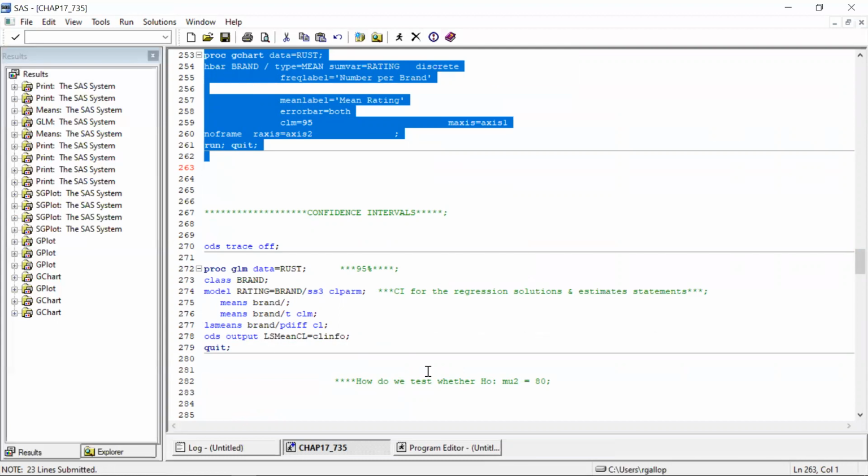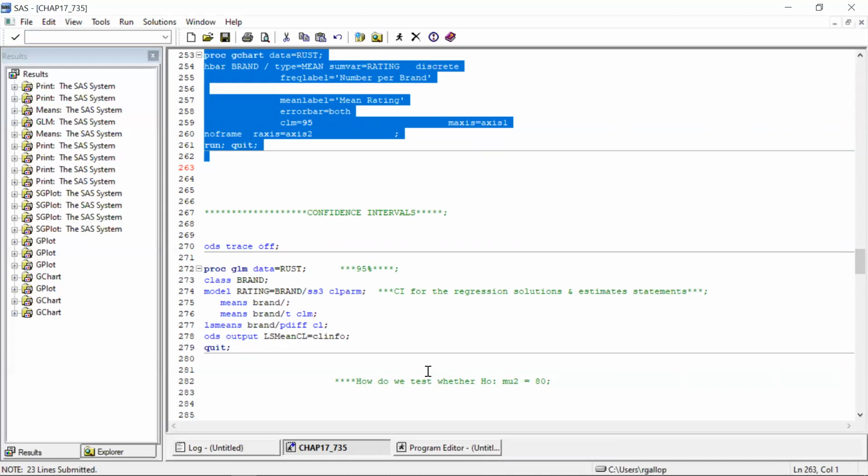So now, one thing that we want to do is create the confidence intervals. We did a bunch of graphics, but one of the things we like to do is actually formally ask for the confidence intervals.